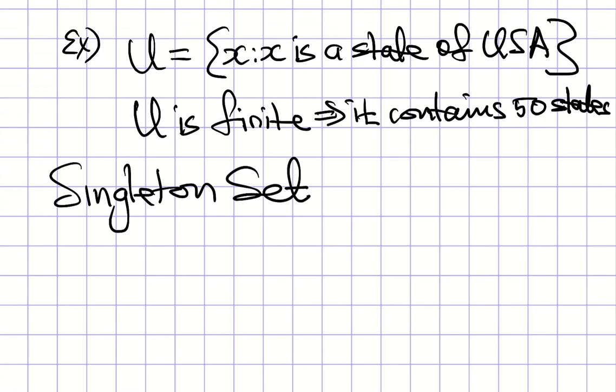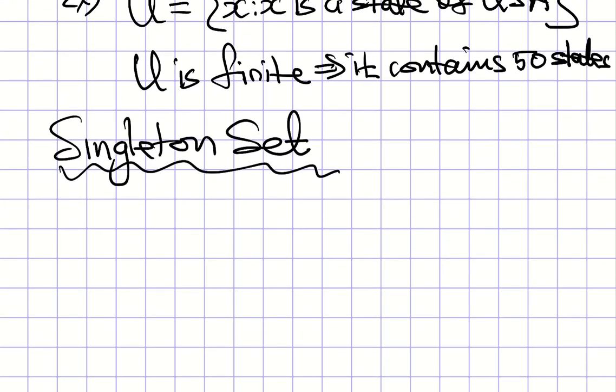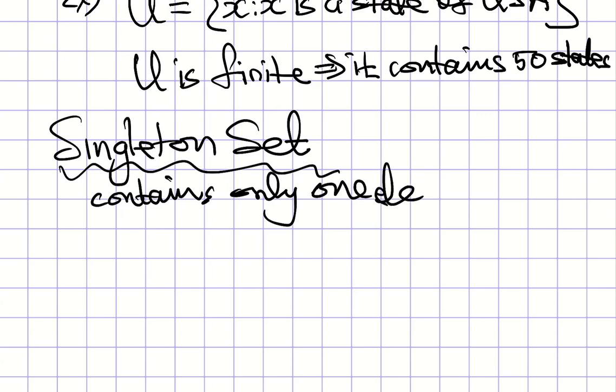We'll move on to another type of set called singleton set. Singleton set, the name gives it away. It's a set that contains only one element. Okay, it contains only one element. That's all that is saying.